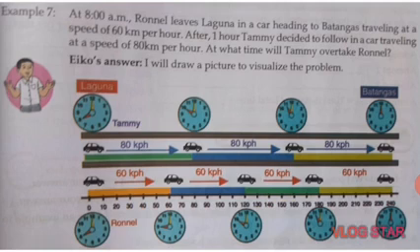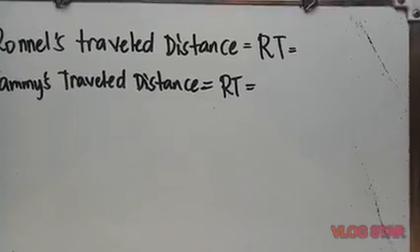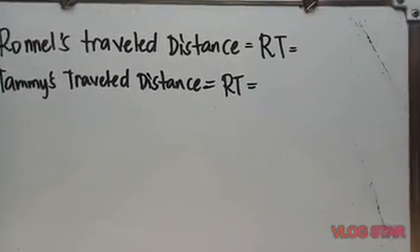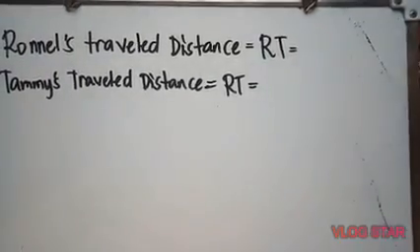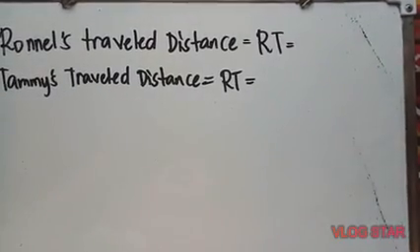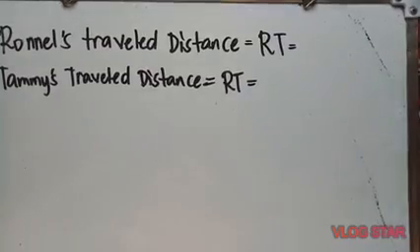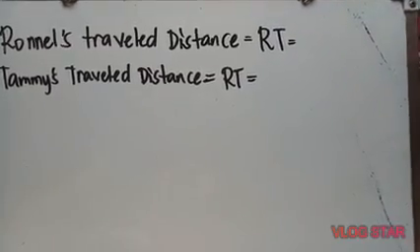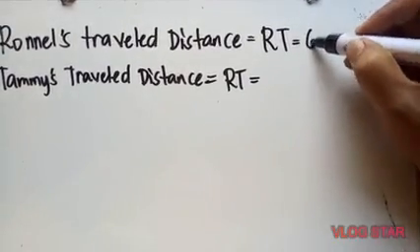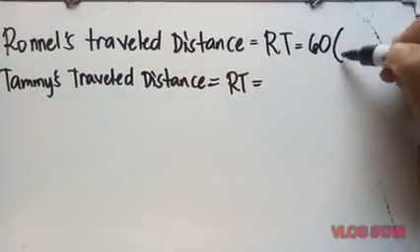So let's solve this one. Since the speed of Ronel is 60 km per hour, or his rate is 60 km per hour, so we write 60.